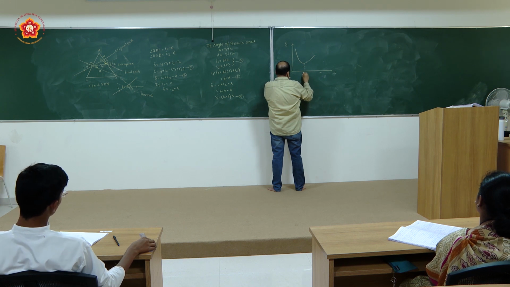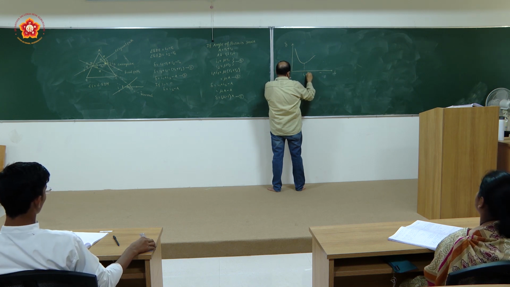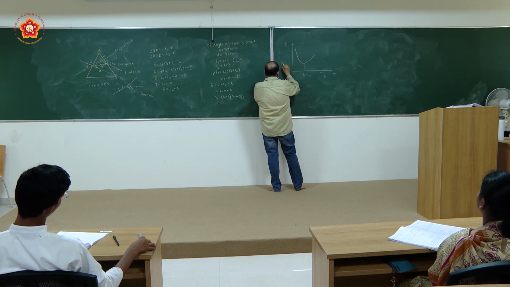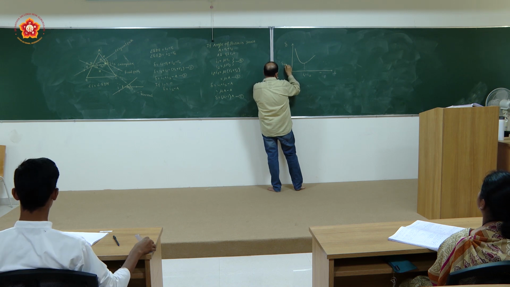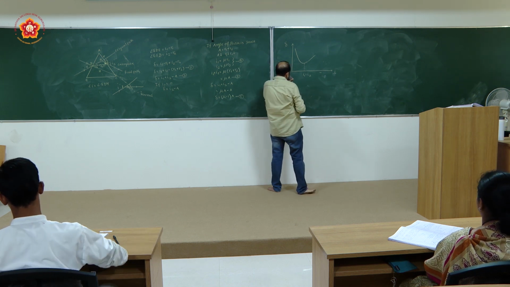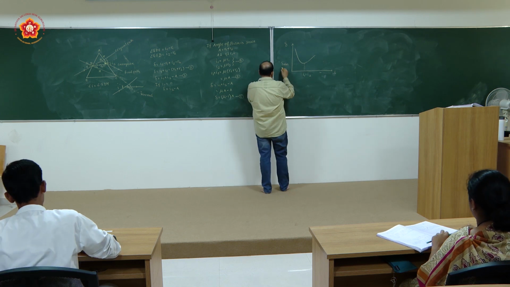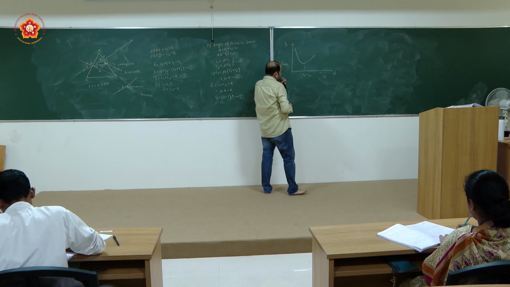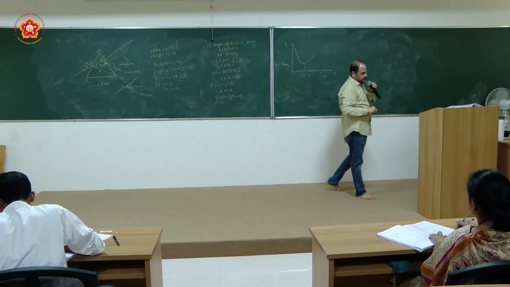This is the point where you have angle of incidence equal to angle of emergence. For this particular condition, you will be defining here delta minimum. It is denoted also by delta M. Delta M stands for the minimum angle of deviation.